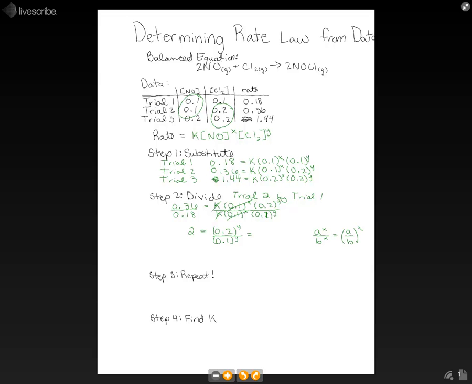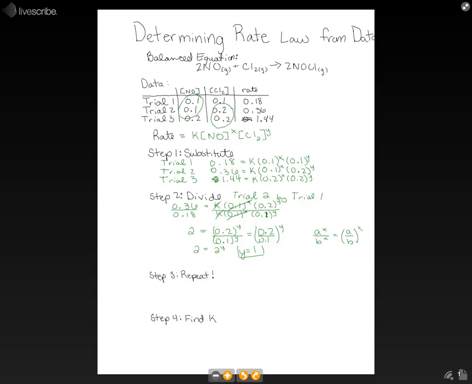So we're going to do that here, so that's going to be equal to 0.2 divided by 0.1 all to the y. If we simplify it again, we'll have 2 equals 2 to the y. In this situation, we just have to determine what y is, and we can see that y has to be 1 for this to be true.